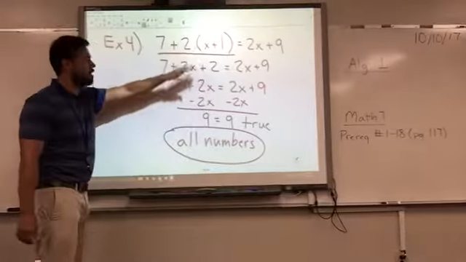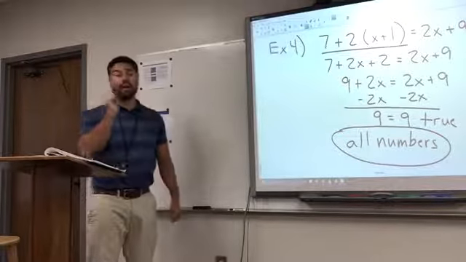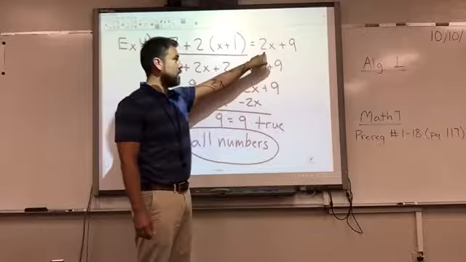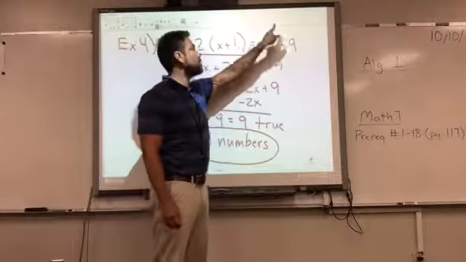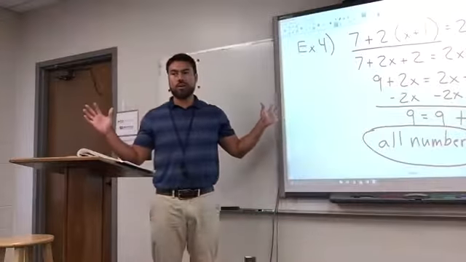Is that what we said over here? Okay, our number is 21. 21 times 2, sorry, I should have written that down, gives me 42 plus 9 is 51. So is that true? Any number will work.